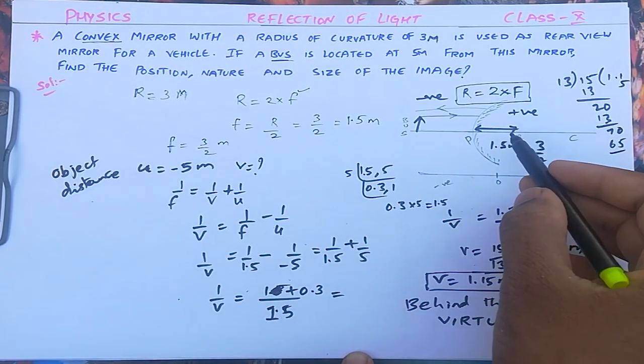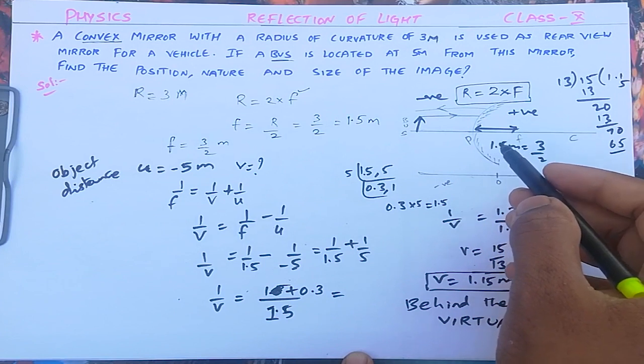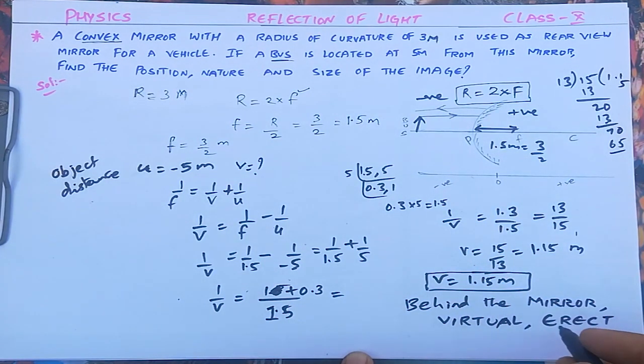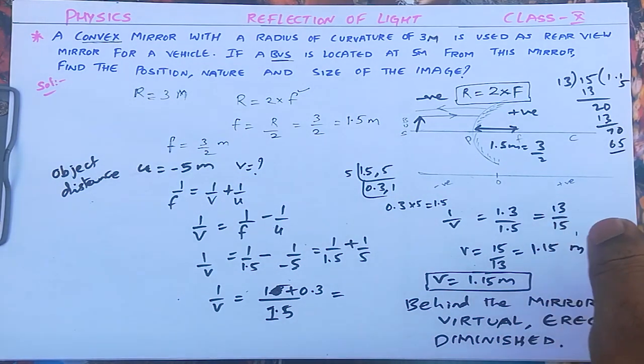This is erect, that means the second position I explained in the convex mirror diagram. You can follow that video for understanding. And this one is diminished, that means the size is decreased. So this is the nature of the image formed. I hope you understood.